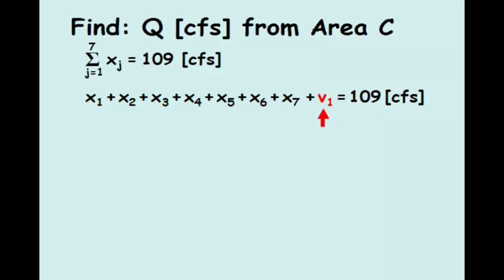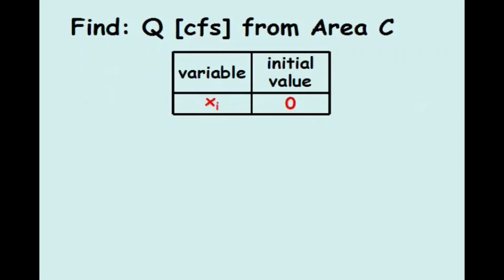Since there is an equality constraint, we'll add an artificial variable, v1, which is initially 109, and will help us find an initial feasible solution. The decision variables in this problem include the runoff flow rates x1 through x7 with initial values of 0. The positive error variables E1 plus through E8 plus with initial values of 0.